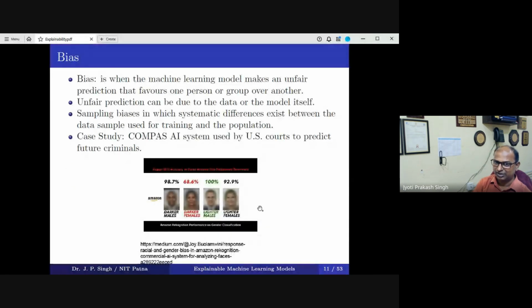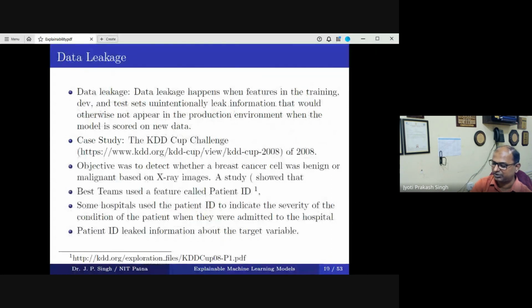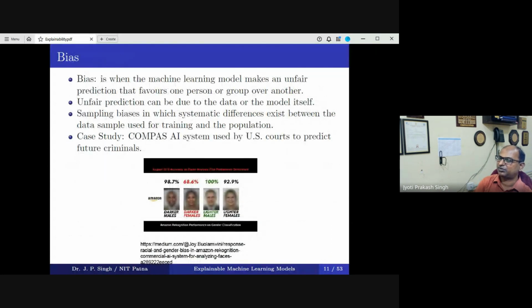Okay, so coming to the next problem. That was the problem of data leakage. The next problem is bias. Bias refers to when a machine learning model makes an unfair prediction based on a person's race, gender, ethnicity, and so on.